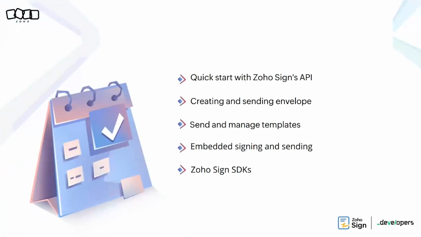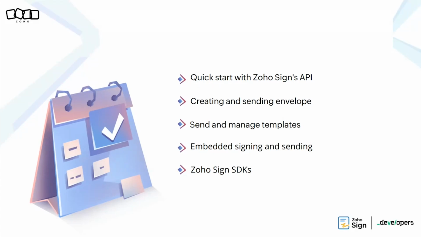So I'll quickly walk you through the agenda which I'll be talking about today. The first thing we'll be looking at is how to get started with Zoho Sign API. Here we'll include how to generate access tokens and refresh tokens, different types of tokens to get started with the API, and how you can make your first API call.